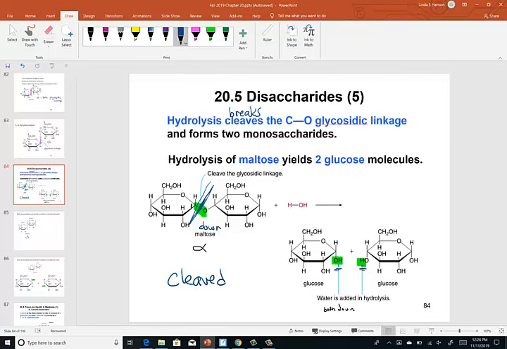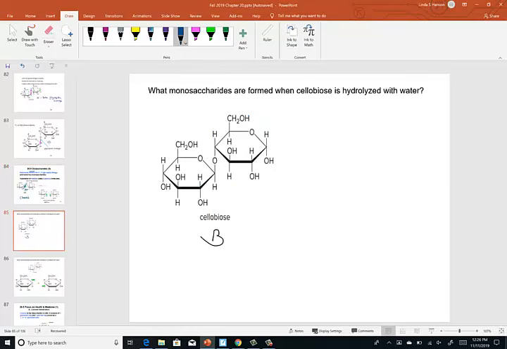If we have a beta position, what monosaccharides would be formed if I hydrolyze this disaccharide with water? Locate the glycosidic linkage, and that's the bond that is going to break and reestablish the alcohols.